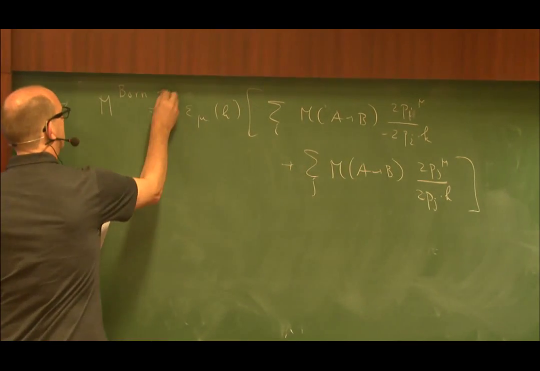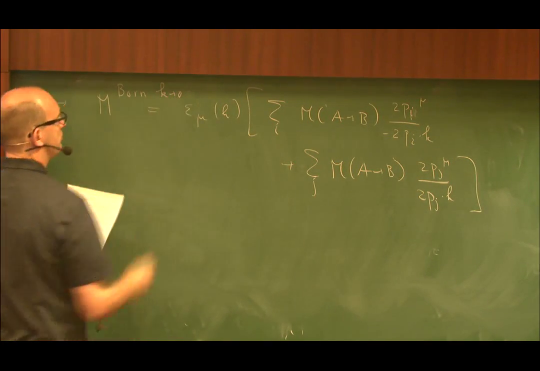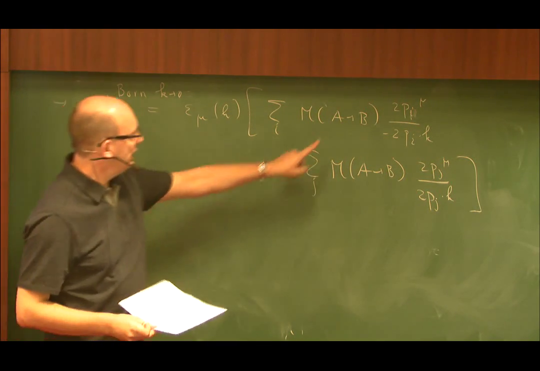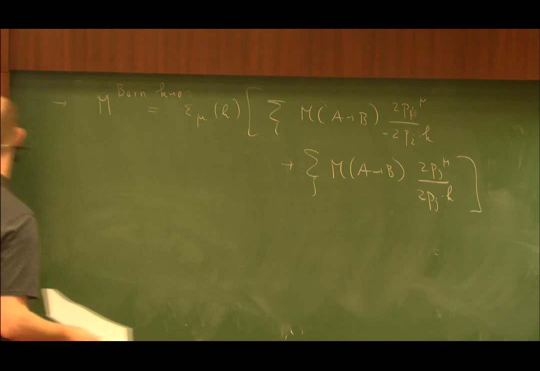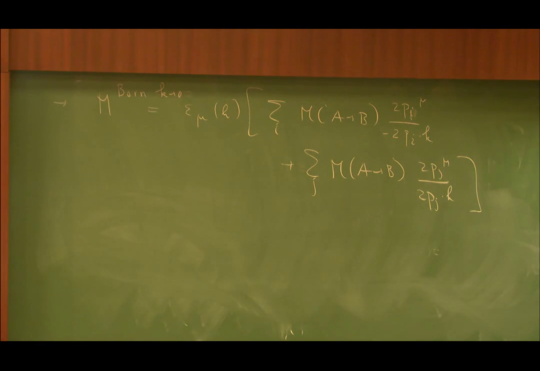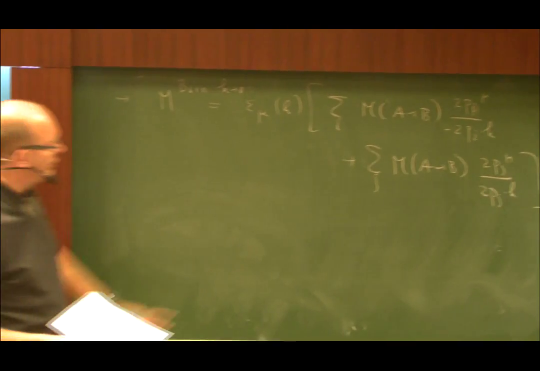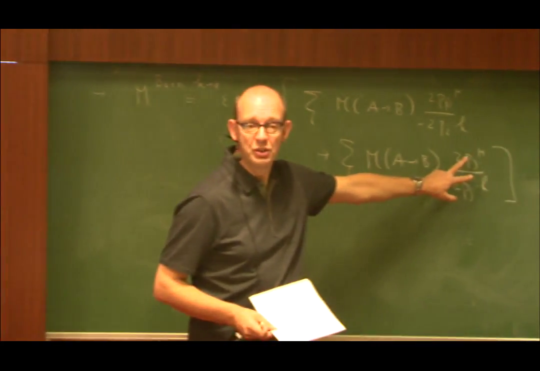So when k goes to 0, notice I've also dropped the i and the j, because if k goes to 0, you can more or less say p_i still goes into the process and p_j still goes out of the process. And you really see here the singular behavior as k goes to 0.